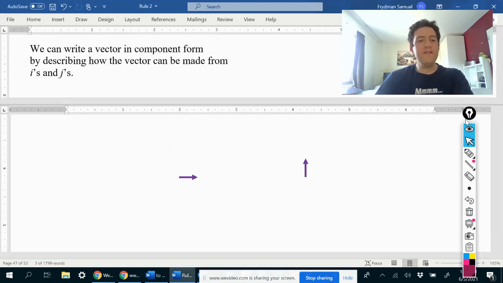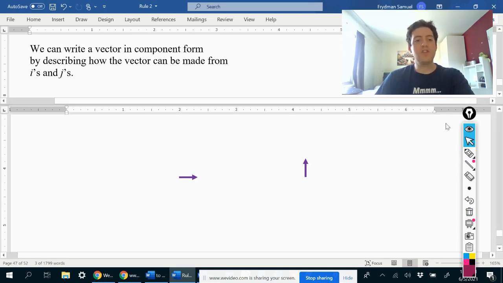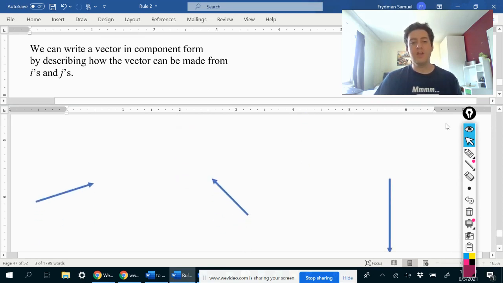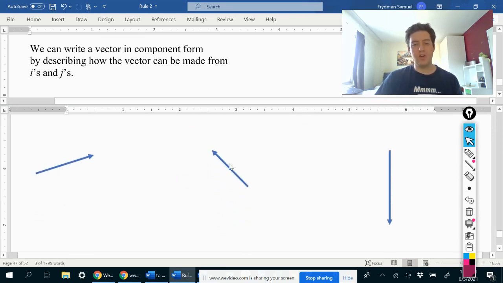And we can write any vector in component form by describing how the vector can be made from i's and j's. So let's take a look at these vectors over here. We can describe these qualitatively by saying, okay, this one is kind of a medium length and it's pointing up and to the right.